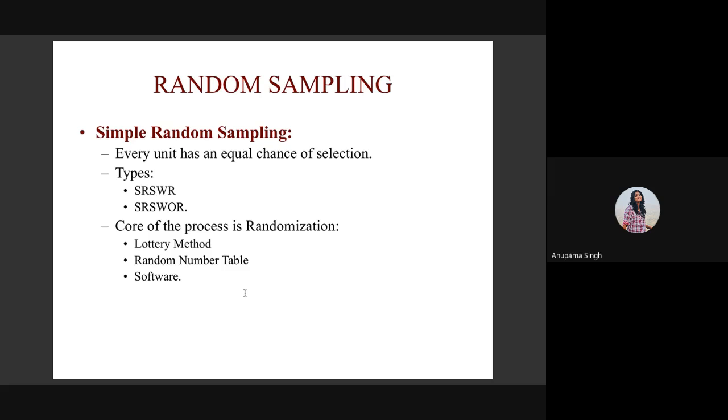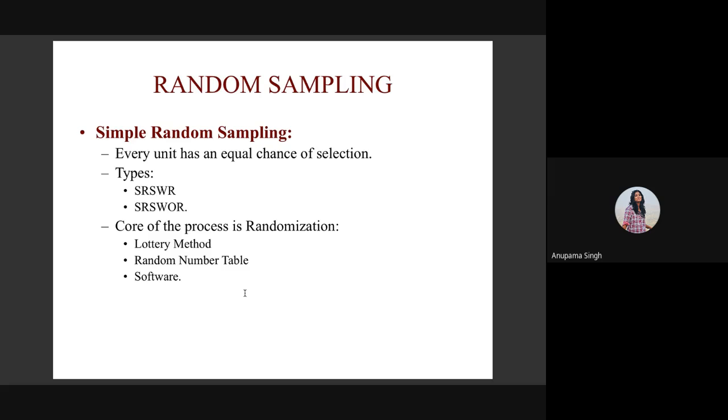Now a random sampling would be something in which each and every individual has an equal chance to be selected by me, right? So if I'm only focusing on the right side, then the left side is being completely ignored. Or if I'm standing in the middle, then the people on my right side are getting more chances of being selected, right? So that will not be random.